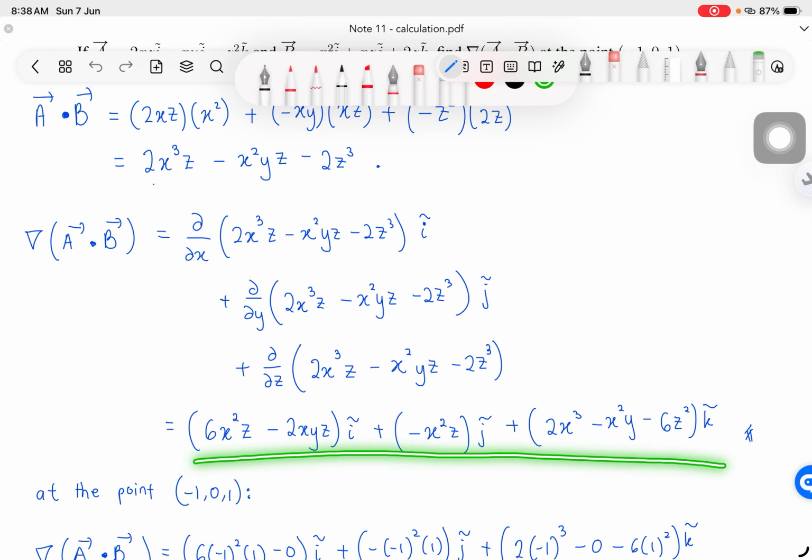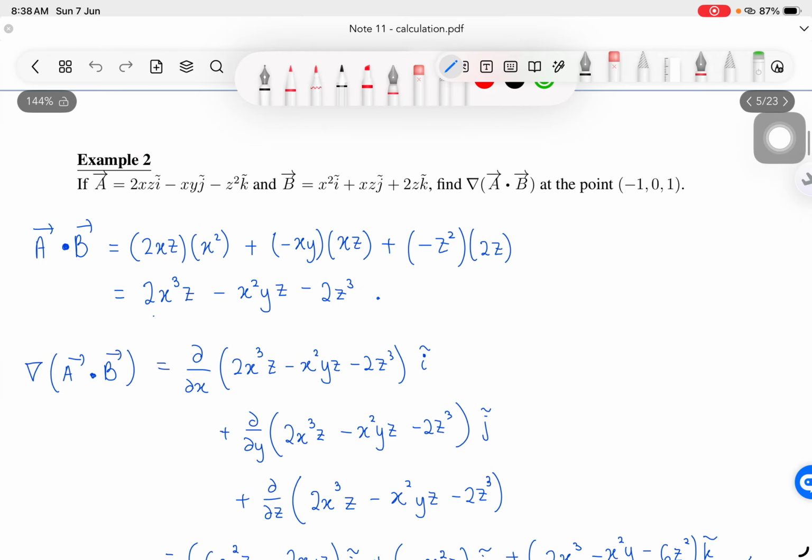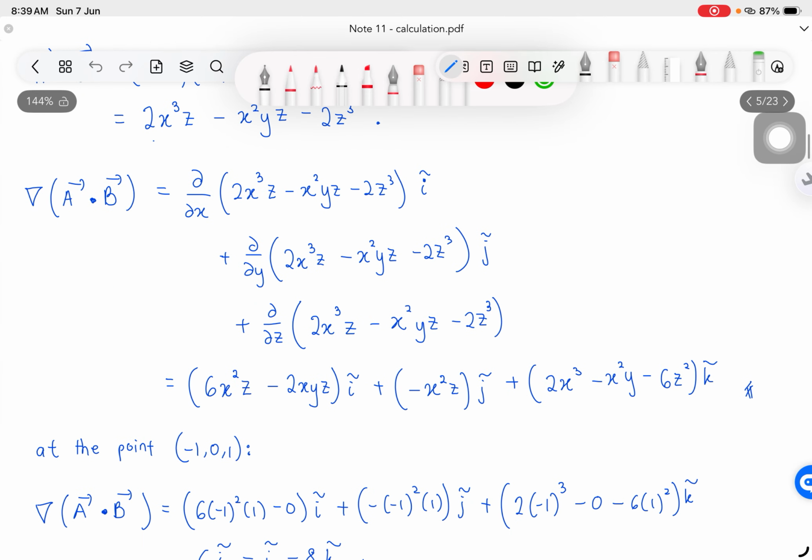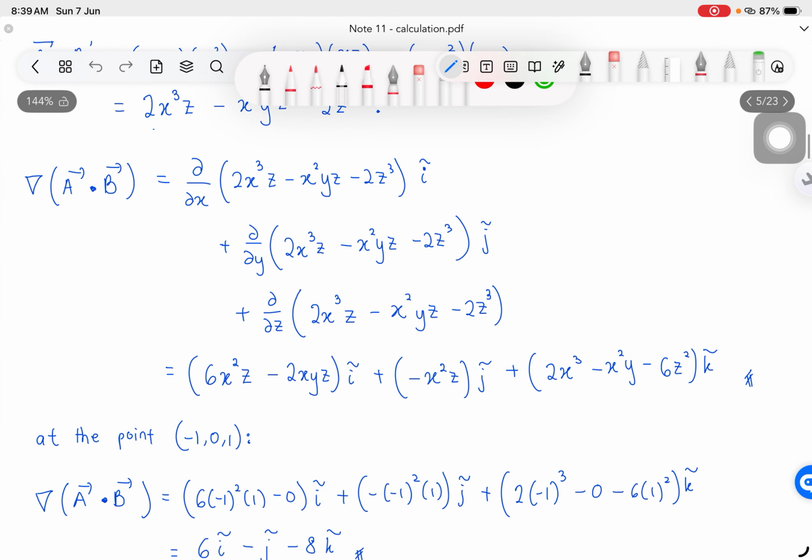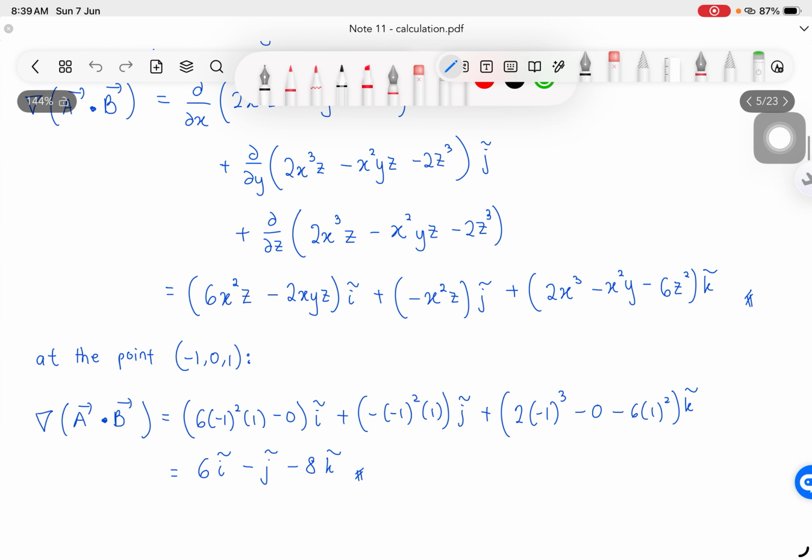Now they provide you with a point here, so you need to substitute this point inside this expression. When you substitute, you will get this one as your answer.